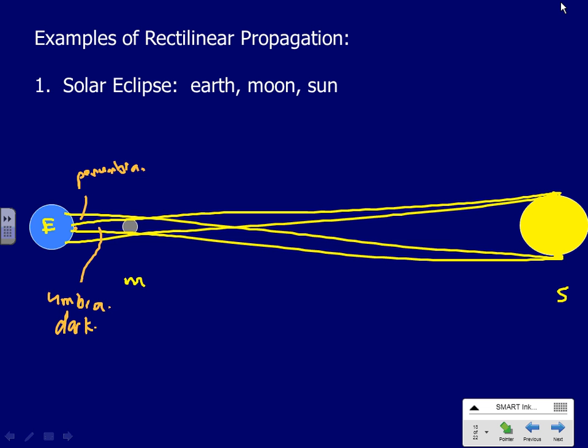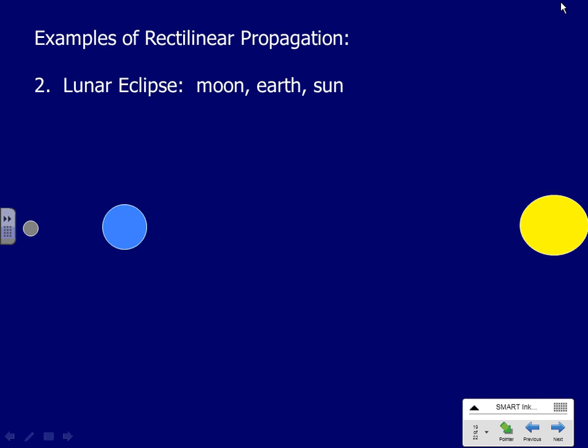Anyway, let's do the last example here, and let's do the lunar eclipse. So the lunar eclipse takes place at night, and it's when the Earth parks itself right between the sun and the moon.